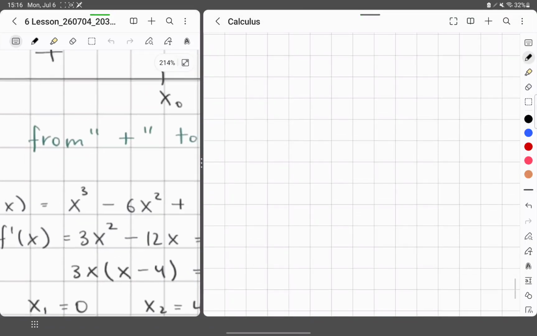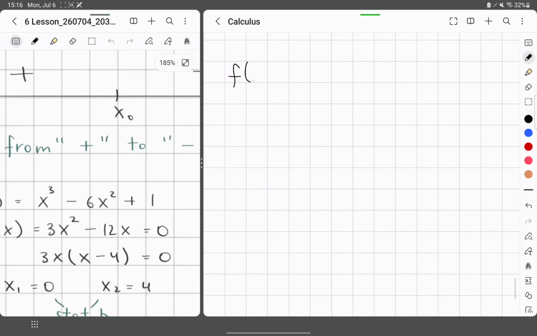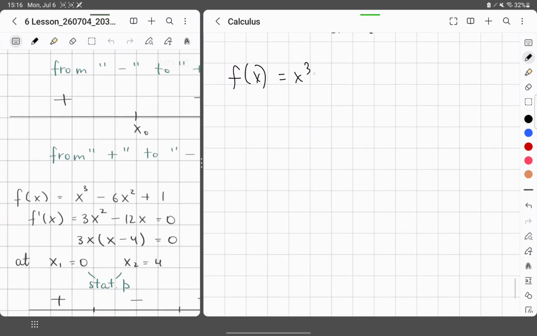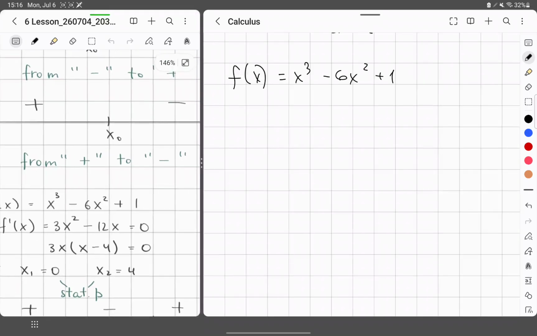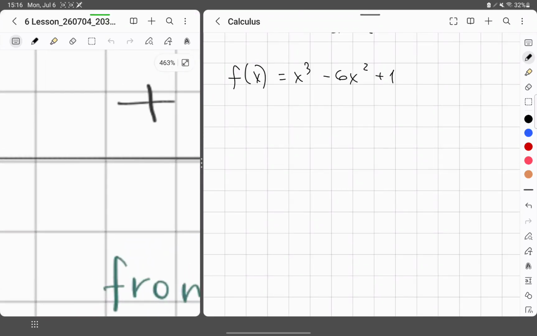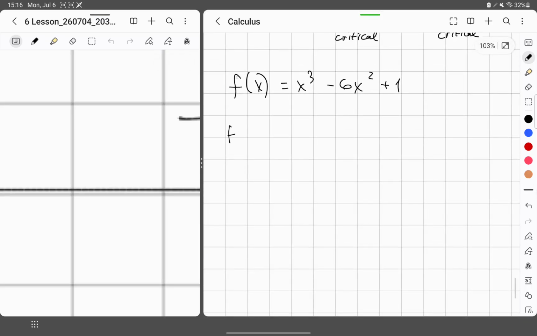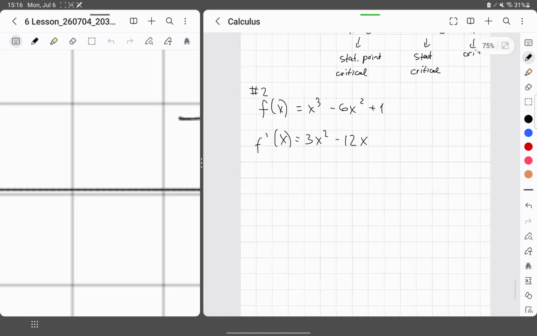Okay, what is our example? f of x equals x cubed minus 6x squared plus 1. And we need to find the things, okay? I'm just going to try to do that by myself. The derivative of f of x will be 3x squared minus 12x.